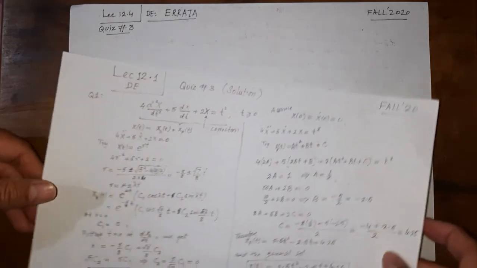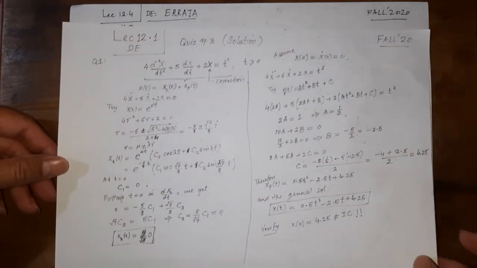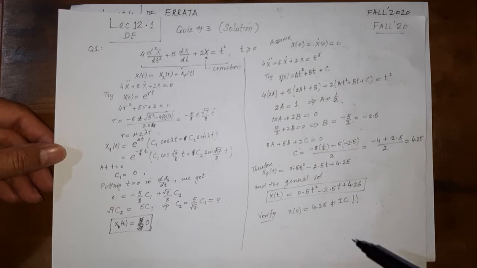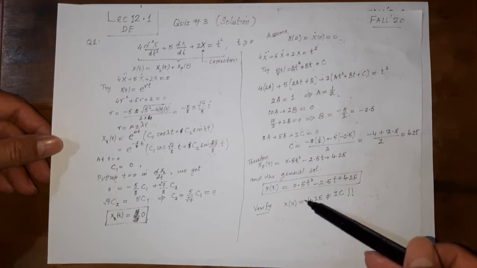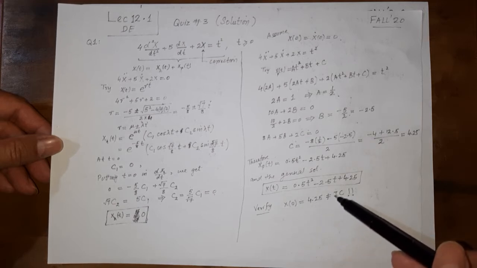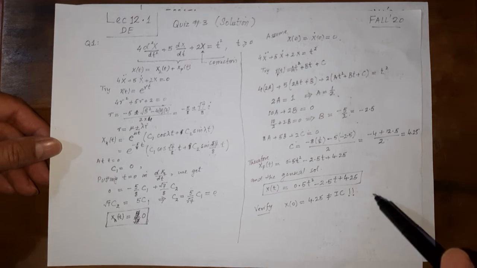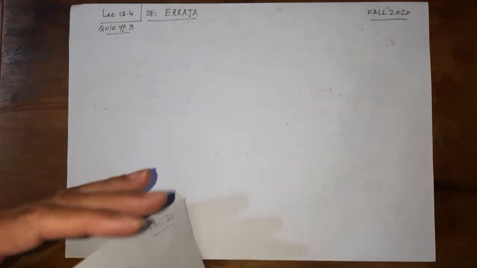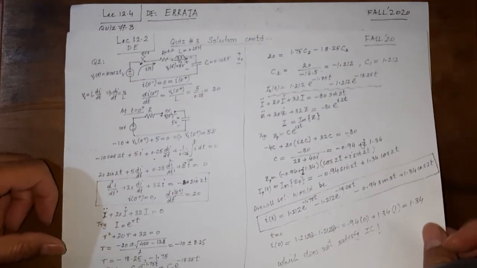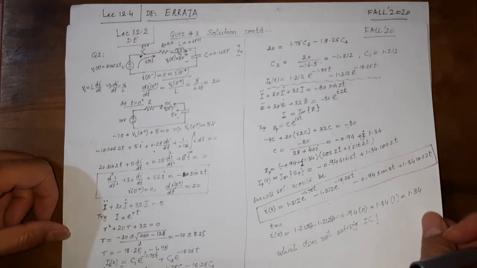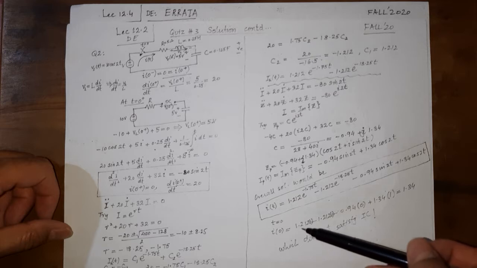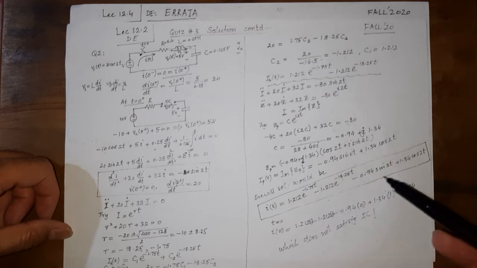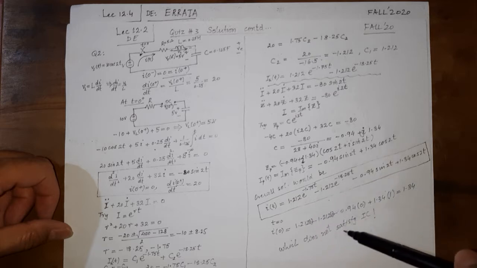We did question number 1, and we saw that the value we got at the end for verification did not match the initial condition. Similarly, when we tried question number 2, we ran into the same thing, and the ultimate solution did not satisfy the initial condition.